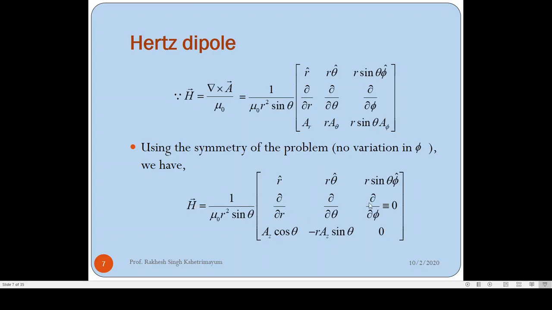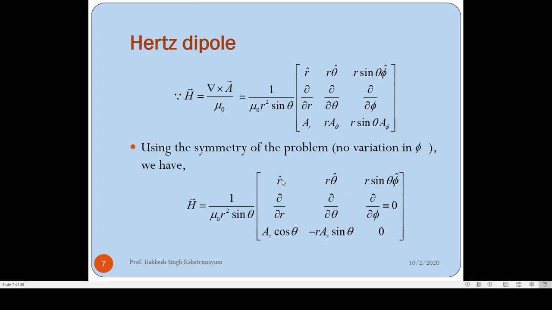Since the field is not varying with respect to phi, del by del phi becomes 0, a major simplification, and we just have Ar and A theta. Ar was Az cos theta, A theta was Az sin theta with a negative sign. You are multiplying by r here, so Az cos theta and minus r Az sin theta.